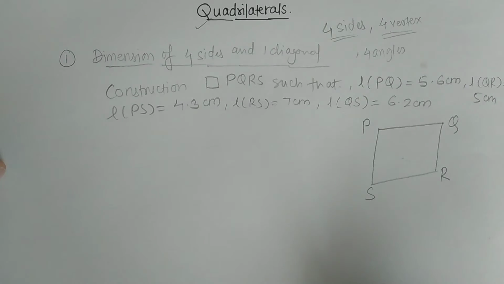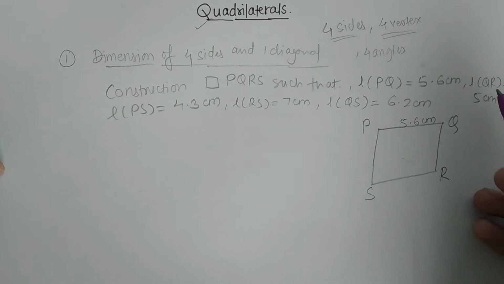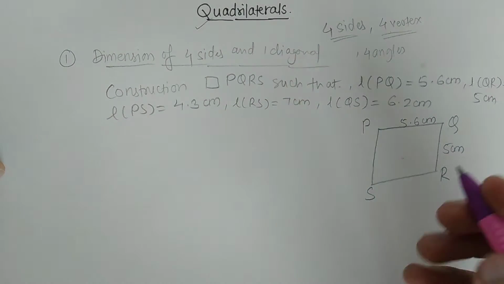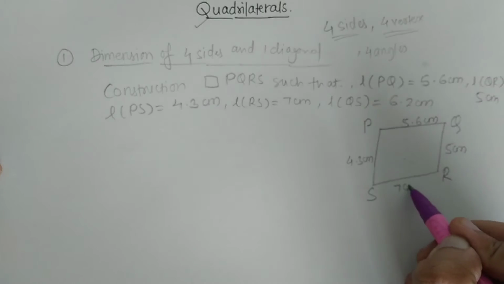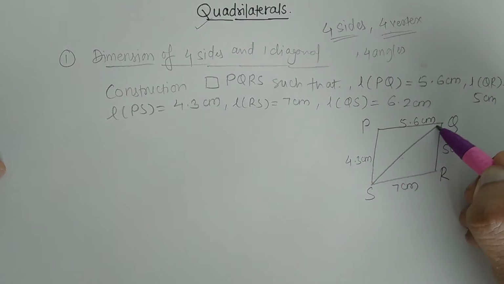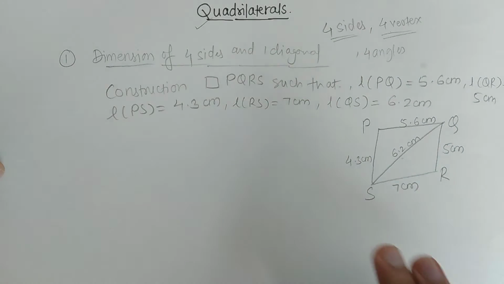Now the length of PQ is 5.6 centimeter, QR is 5 centimeter, PS is 4.3 centimeter, and RS is 7 centimeter, and the length of one of the diagonals, that is QS, is 6.2 centimeter.